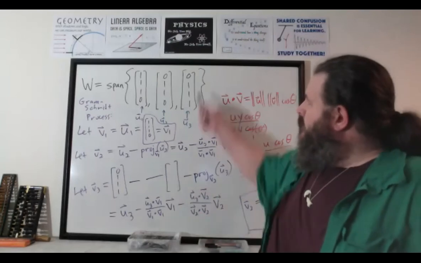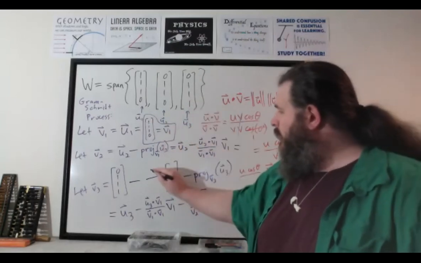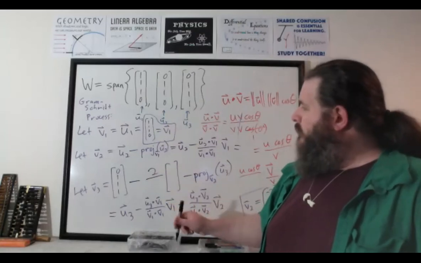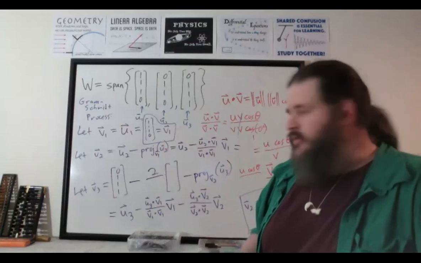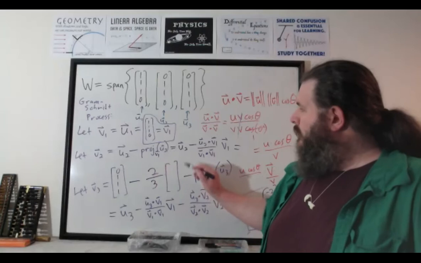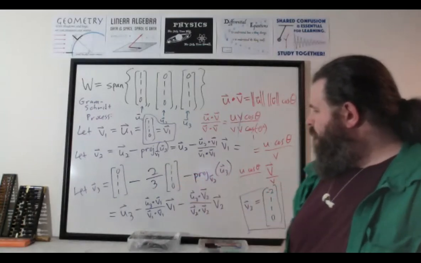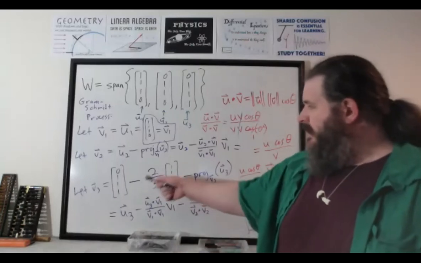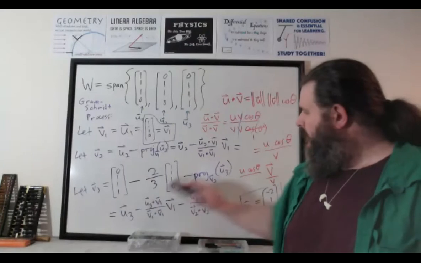Yeah, that should be 2: 0 times 1, plus 1 times 1, plus 1 times 1, plus 1 times 0. So 2. And then v1 dot v1 we already calculated for the previous projection anyway. That should still be 3. So 2/3 times v1, which was (1, 1, 1, 0). So we're subtracting, really the same thing, (2/3, 2/3, 2/3, 0).